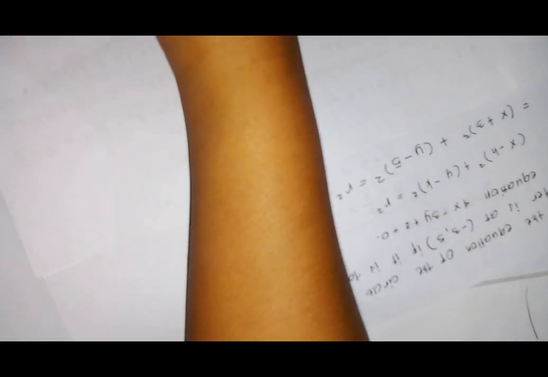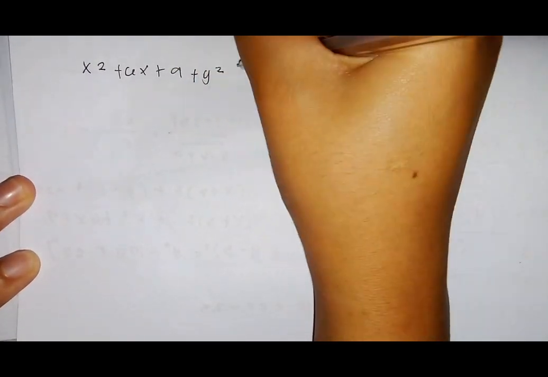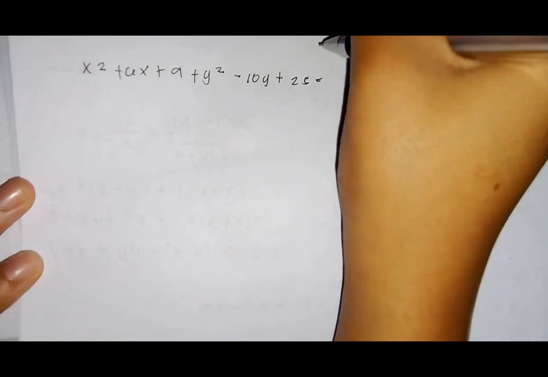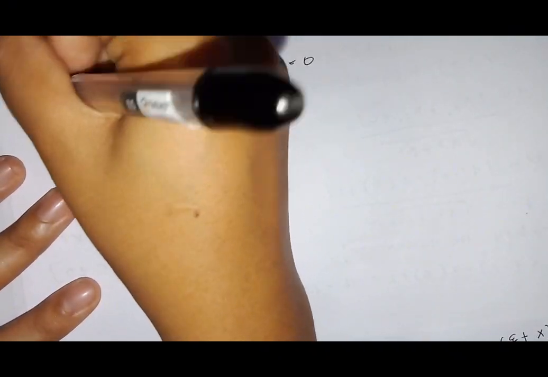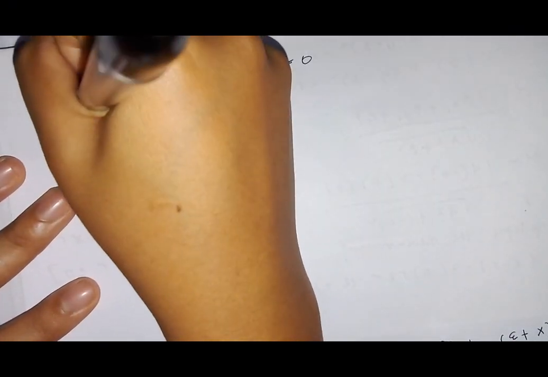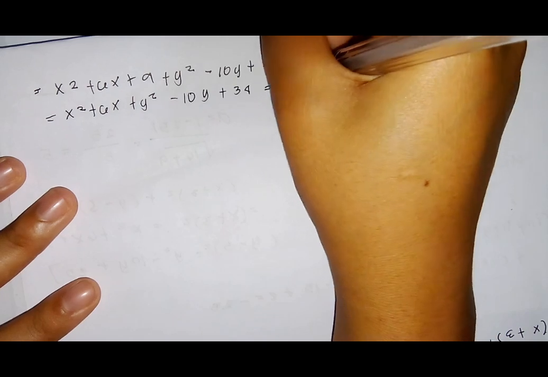So we have here x squared plus 6x plus y squared minus 10y plus 34 is equal to 25.